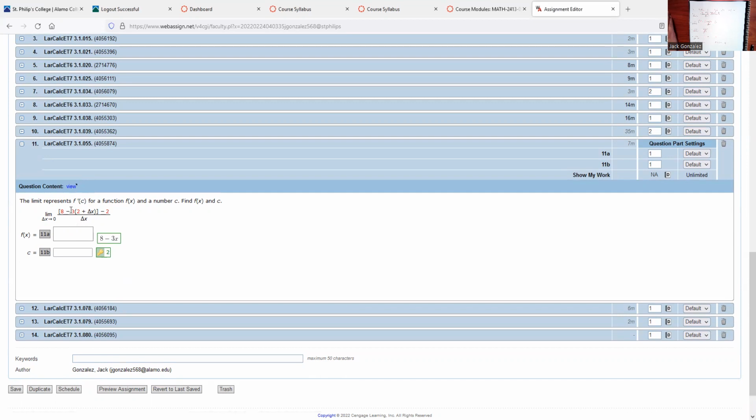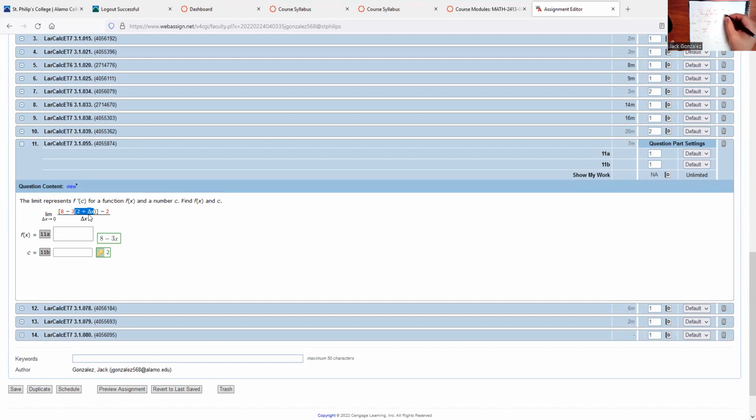Oh, I see it. Okay. So basically, this right here is my x plus h when we did it on paper, the long way derivative. So they're plugging in a number for x. So that's your c. So this number right here is c.